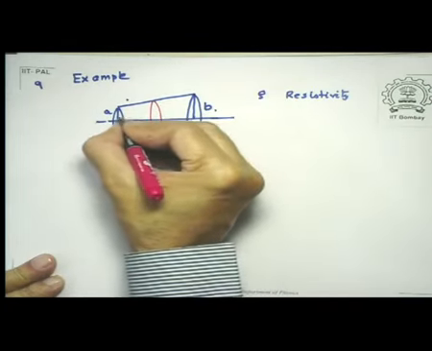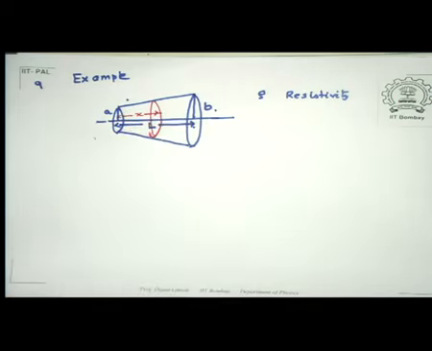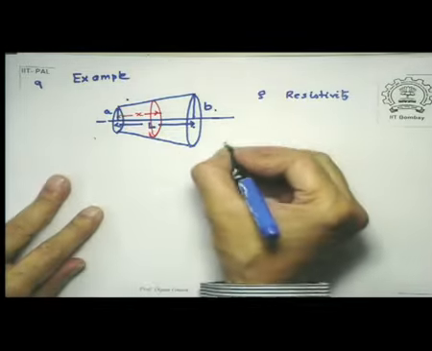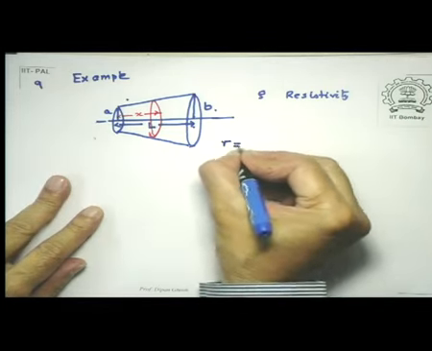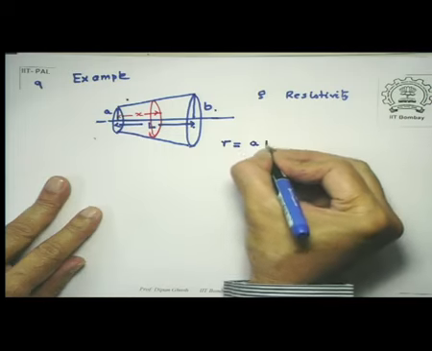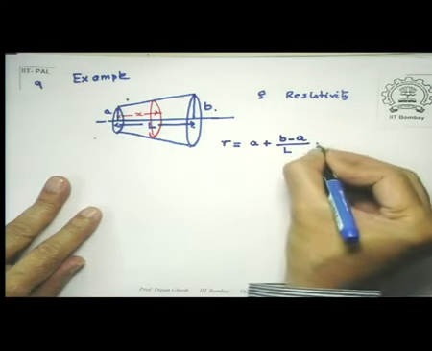This distance is x. Now this is linear, so we write down the radius of that section at a distance x as a plus (b minus a) over L multiplied by x.